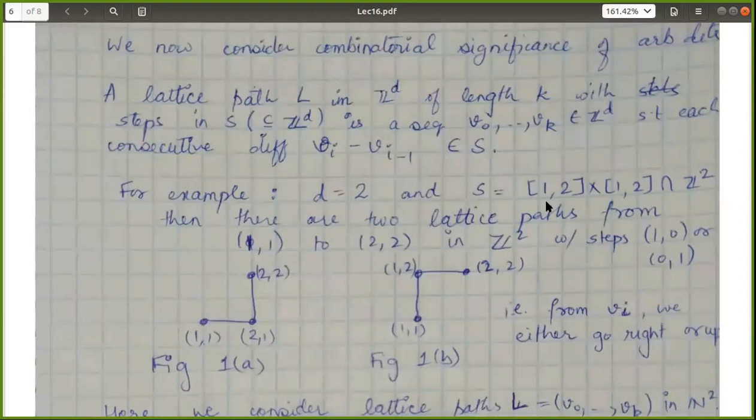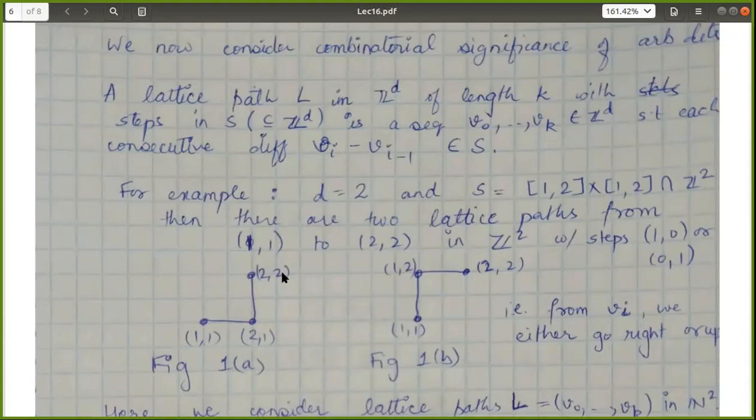Many people write this to mean the set 1, 2, but to be consistent, since this looks like a closed interval, this intersection with Z2 leaves me [1,2] cross [1,2]. So you'll have 4 points: 1,1; 1,2; 2,1; 2,2.